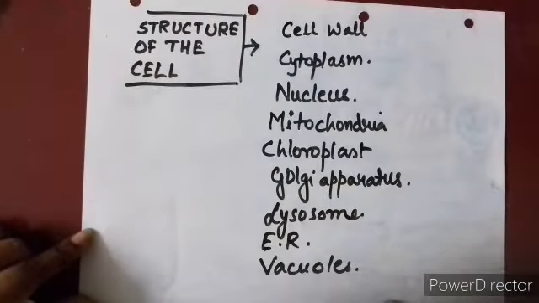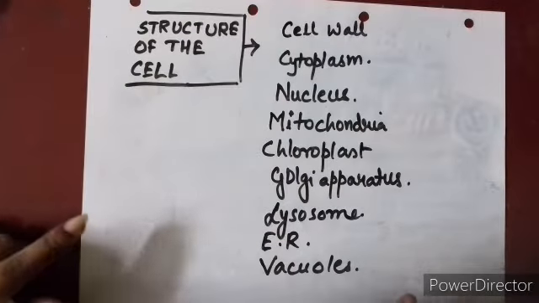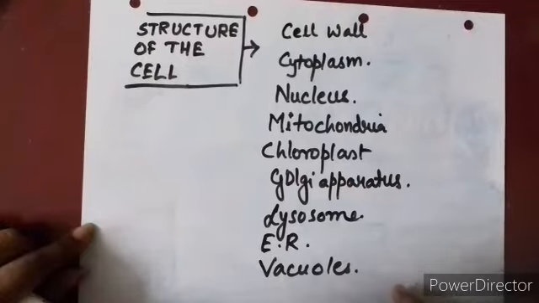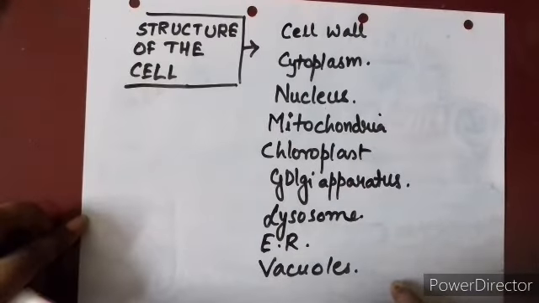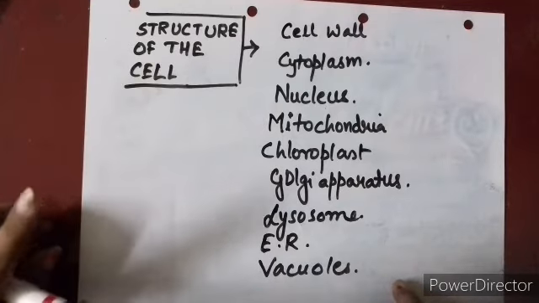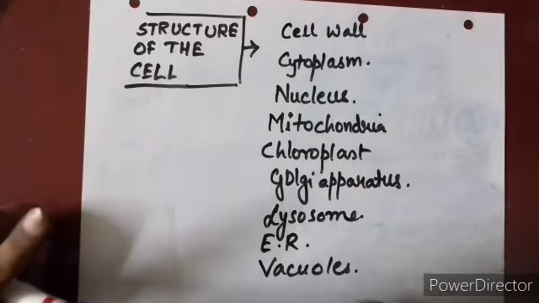Now we are going to read about the structure of the cell. Before moving on to the structure and the organelles of the cell, there are two important things. First, remember there are two kinds of cell: prokaryotic and eukaryotic.